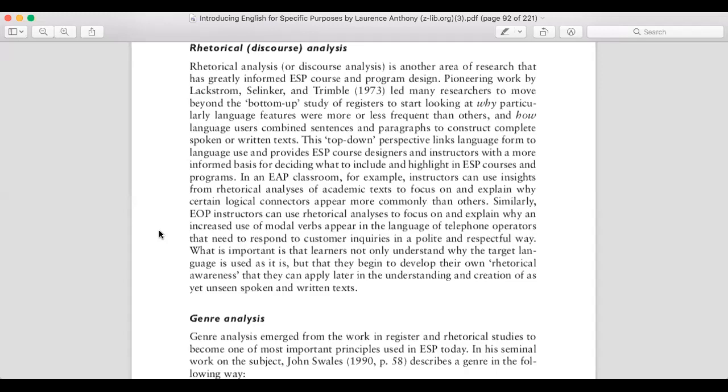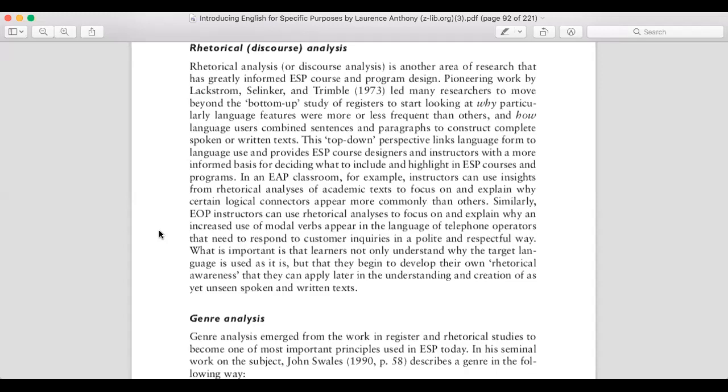Now there are two kinds of approaches. Okay, one is the top-down approach, and the other is the bottom-up approach. So when we are doing the register analysis, we are dealing with the bottom-up approach. We start from the basic and then we go to something that is advanced.